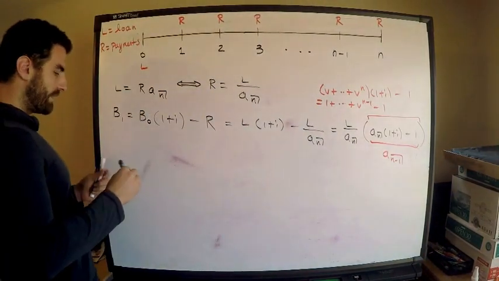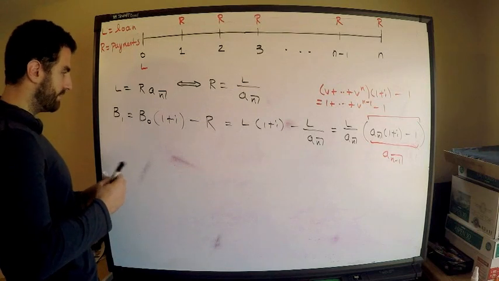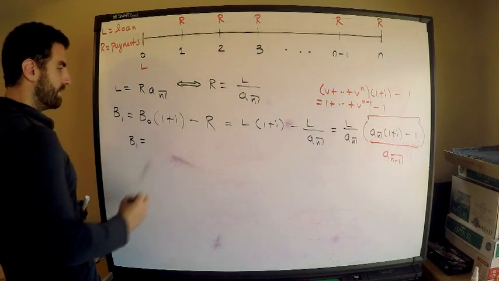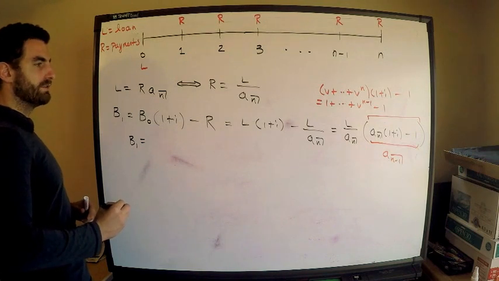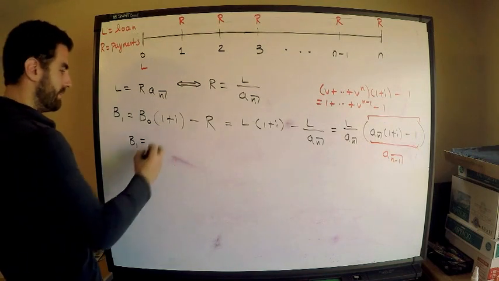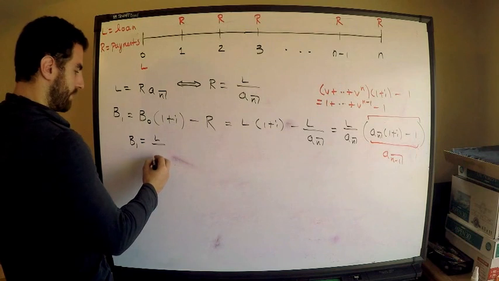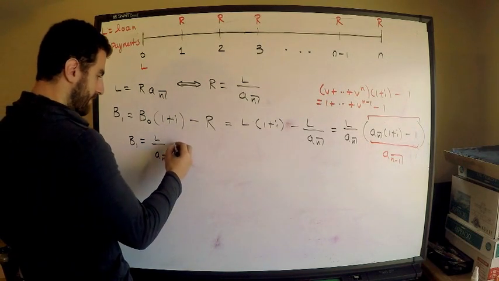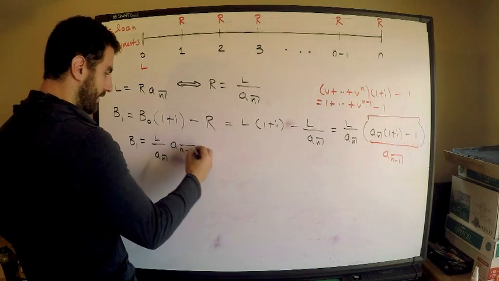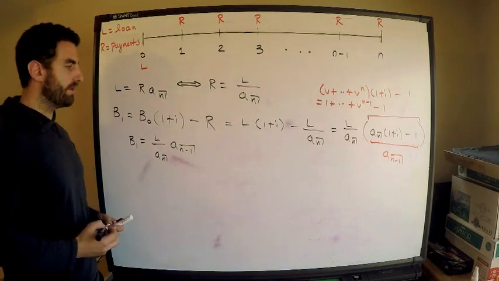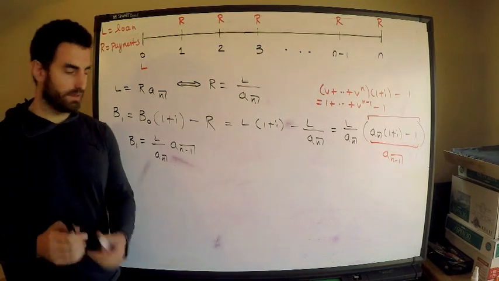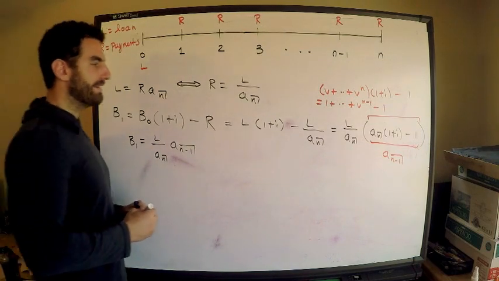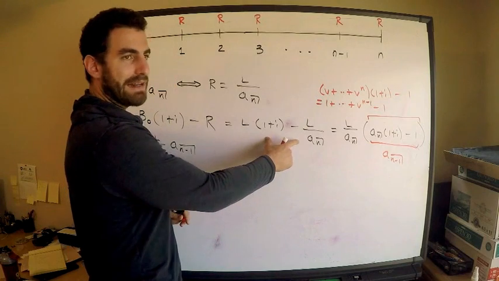So what I can say now is that the balance in year 1 is equal to L over a angle n times a angle n minus 1, like so. Now what I have done here is I basically asked, how did I compute this?